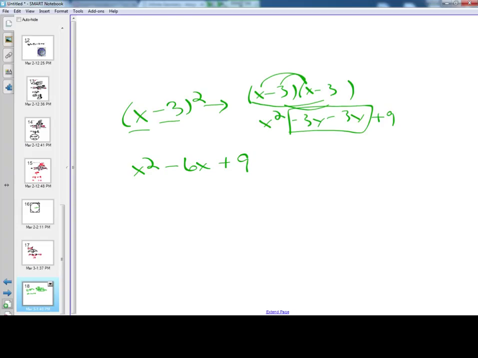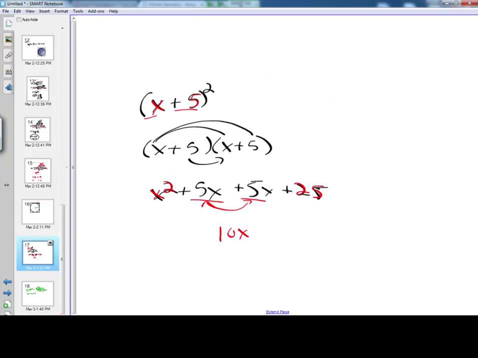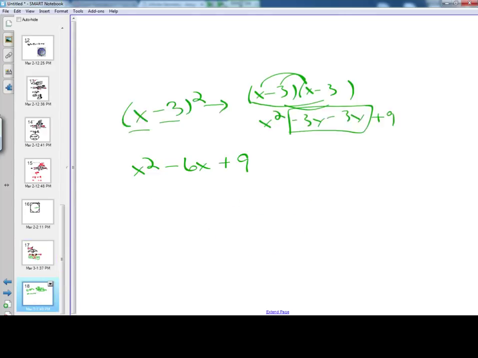Okay. I want you to notice that if I clean this up, this is x² + 10x + 25. This factors into a perfect square. This also factors into a perfect square.